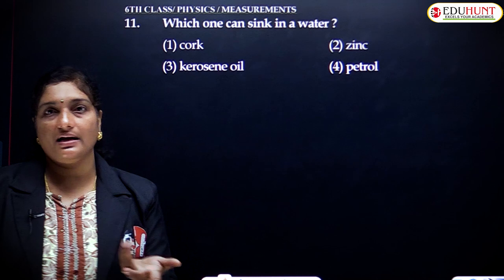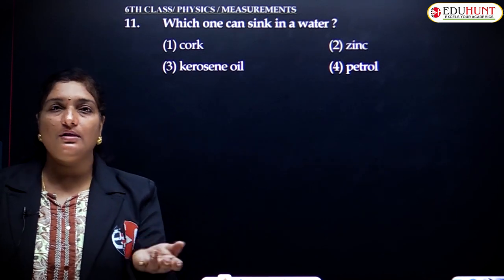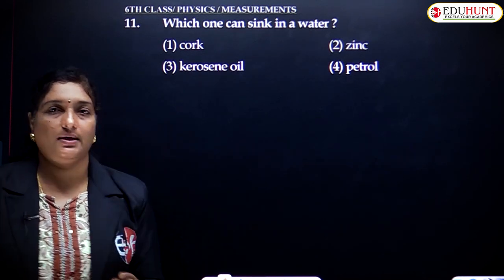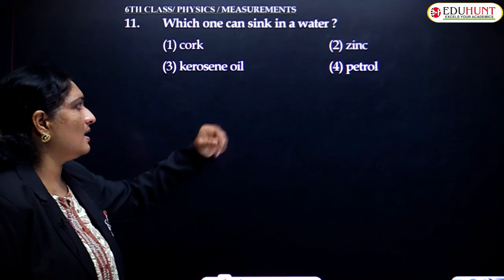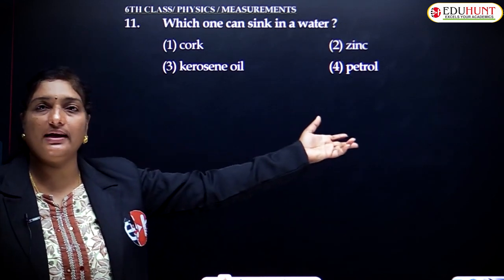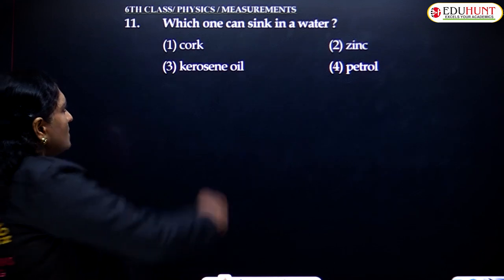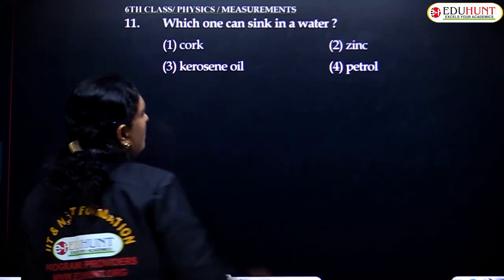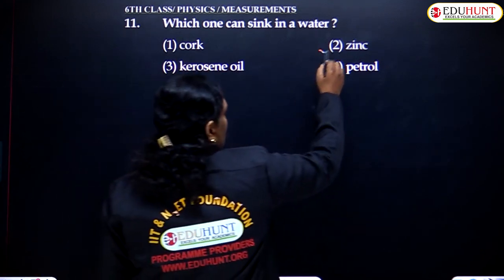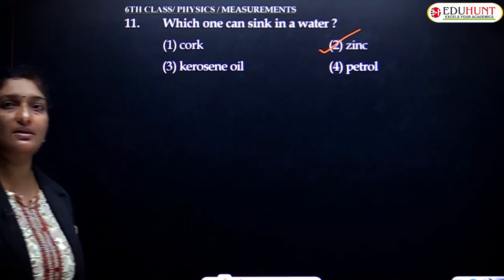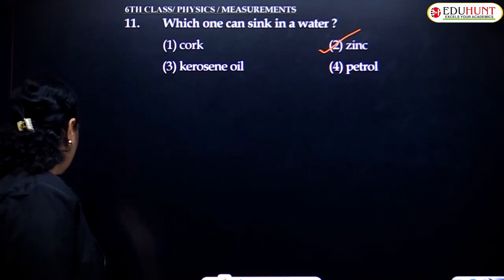Kerosene oil, as you would have observed at home, floats on water because of less density. Petrol is also a type of oil which has lesser density, so petrol also floats on water. So cork, kerosene oil and petrol float on water, whereas zinc is a metal which definitely sinks inside water.